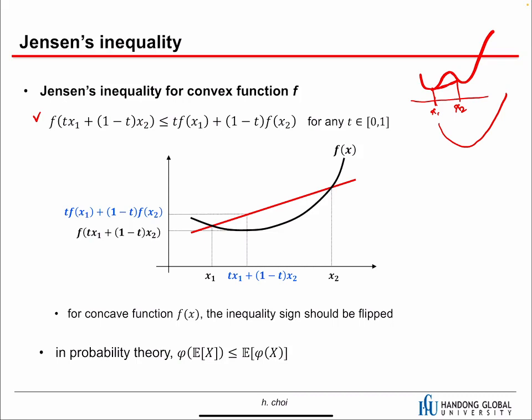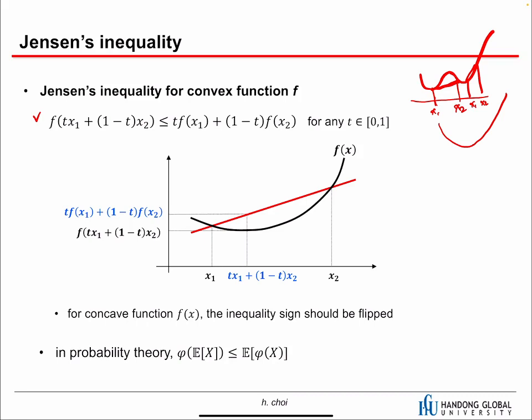But sometimes if we pick 2 points x1, x2 here, then when we draw a line, this line is lower than the actual curve. So if we have this kind of line, then this is not a convex function.